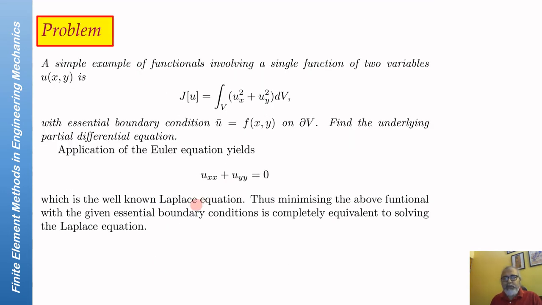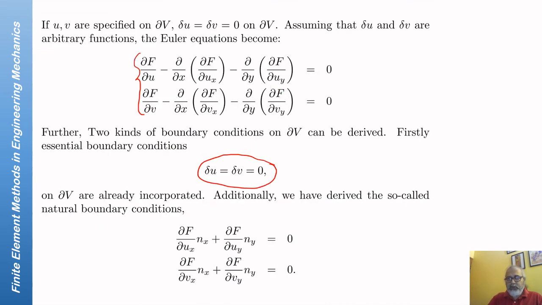Again, take a very small example. This is your functional. u is a functional of a single dependent variable, which is a function of two independent variables x and y. So this is your functional. Go back to this. Since it's a single dependent variable, we have to use this one.